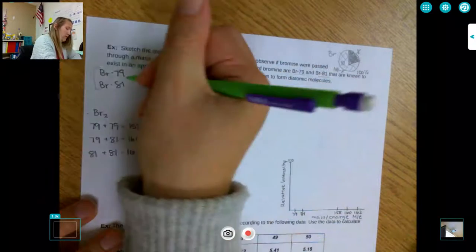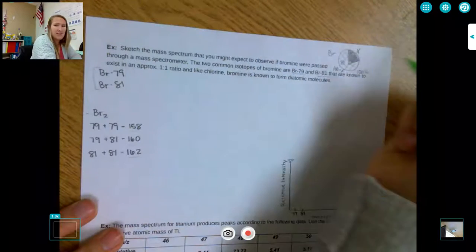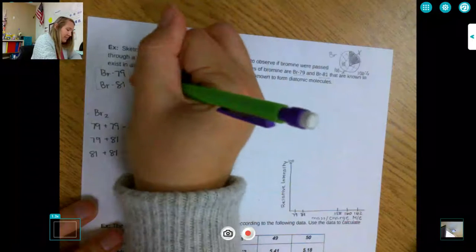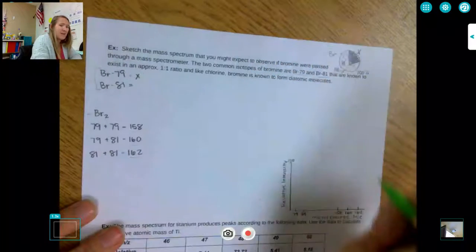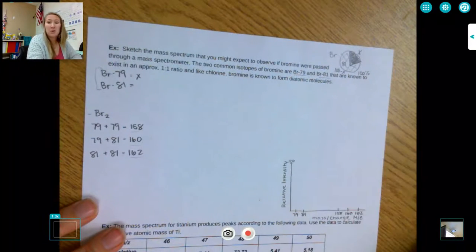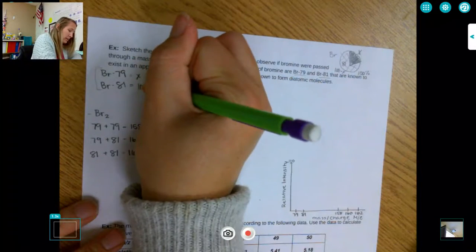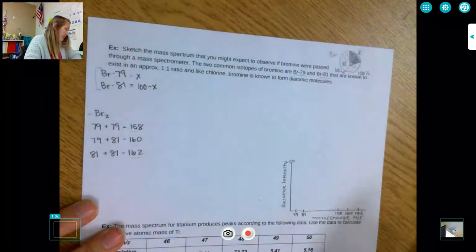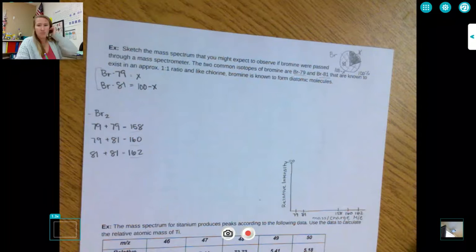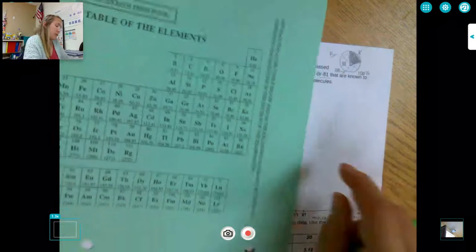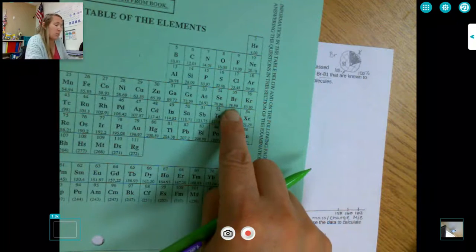Okay, so I can do that same thing for my isotopes. Bromine 79 is X, and bromine 81 is the rest of it, 100 minus X. I can pull from the periodic table the average atomic mass of bromine, which is 79.9.